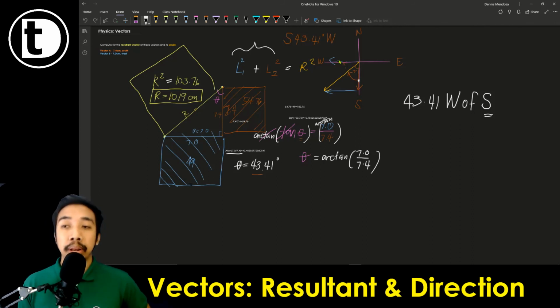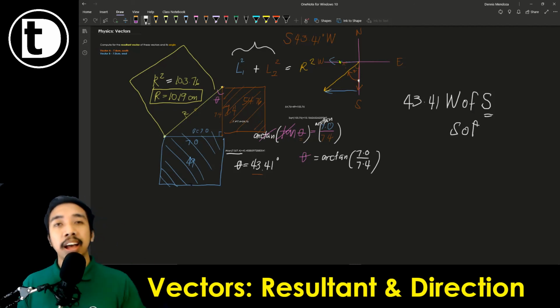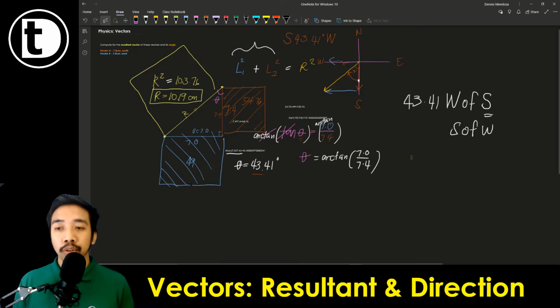But if you want it reversed, if you want it to be south of west, these are the three ways you can write the direction. If you want south of west, you need to take the complement of this 43.41. We all know that we just have to subtract 43.41 from 90.